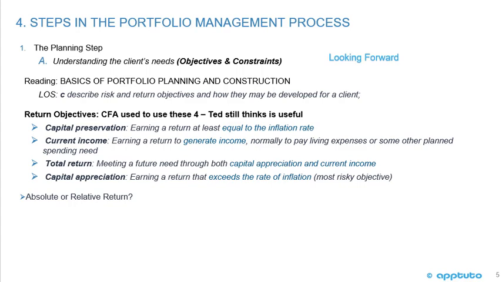The second is current income, earning a return to generate income, normally to pay living expenses or some other planned spending need. The third return objective is total return, meeting a future need through both capital appreciation and current income. And finally, the last return objective was capital appreciation, which was earning a return that exceeds the rate of inflation, which was the most risky objective.